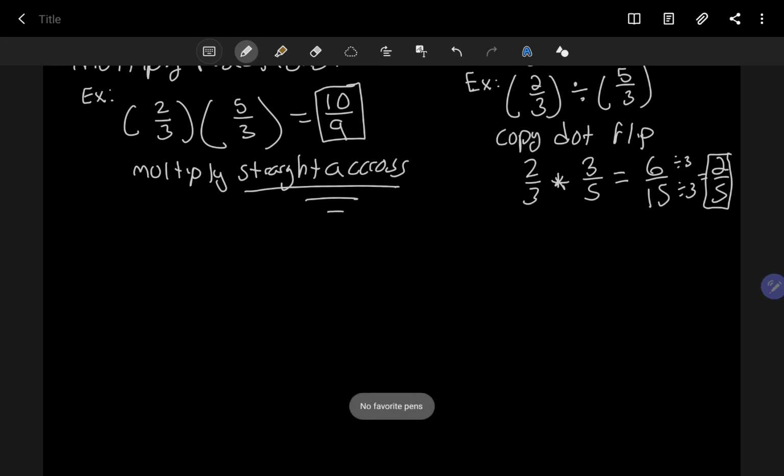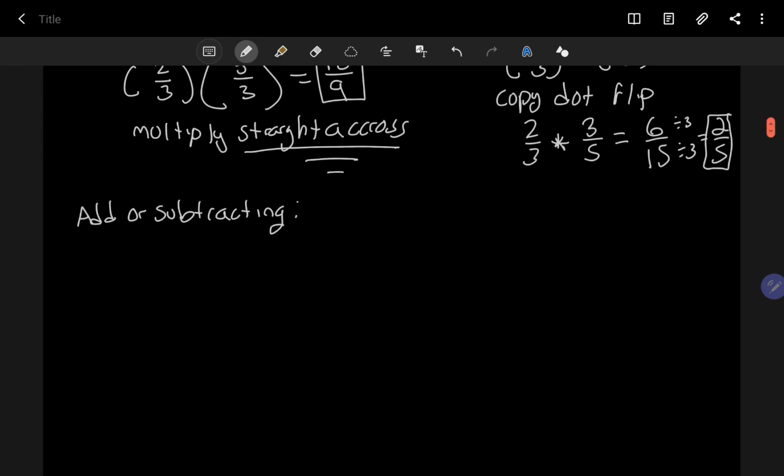The last thing that we're going to look at today is just adding or subtracting. When it comes to adding and subtracting, just as a review, the first thing that we want to find is our LCD, lowest common denominator.